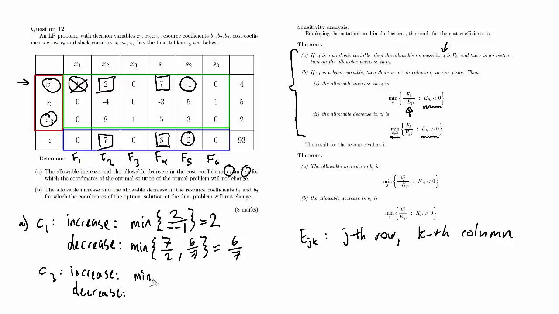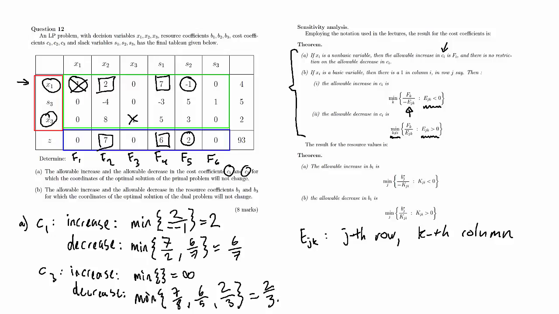In other words, the allowable increase is the minimum of nothing, which we define to be infinity. There is no restriction on the allowable increase for C3. For the decrease, we look at the positive values, excluding the value E33. So the allowable decrease is the minimum of 7 on 8, 6 on 5, and 2 on 3, which is 2 on 3.